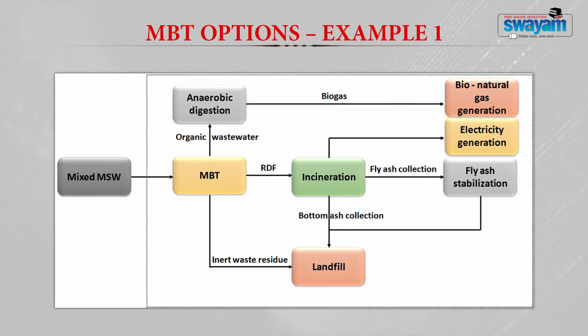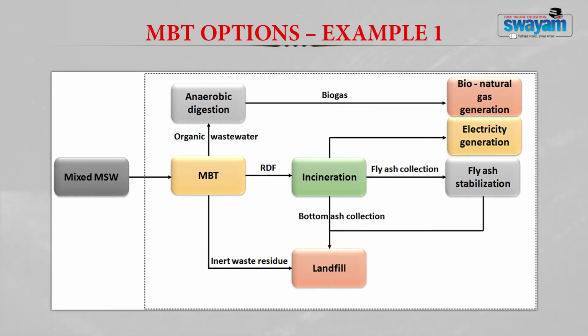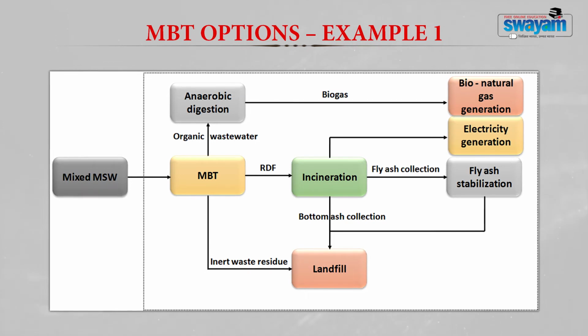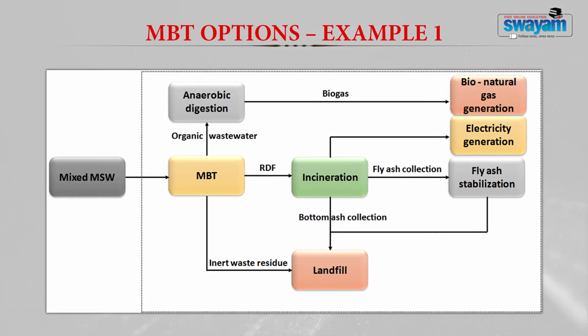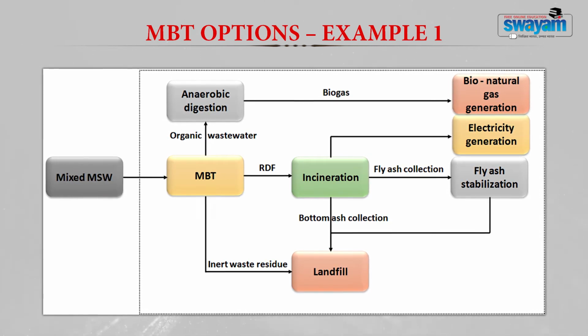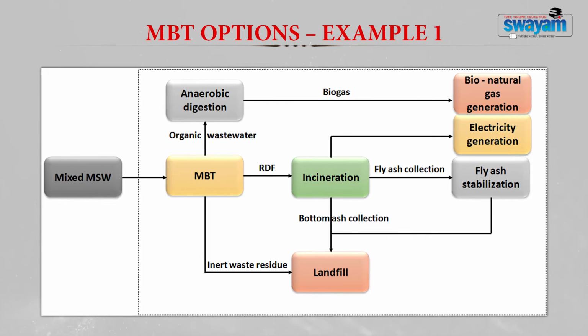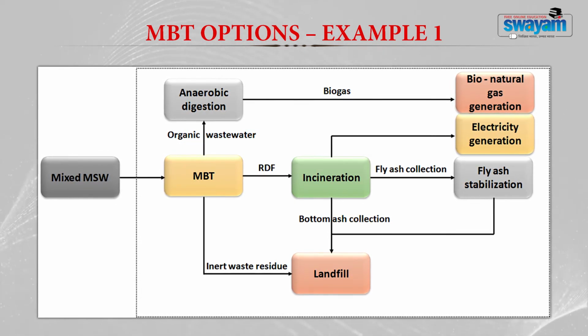So, when anaerobic digestion is done, biogas is generated, and you can convert it into electricity and potentially use it as a fuel. Then in incineration, when the waste material is subjected to it, it again produces electricity which you can potentially use, and the residue formed, the ash produced during the incineration process, is further collected and stabilized.